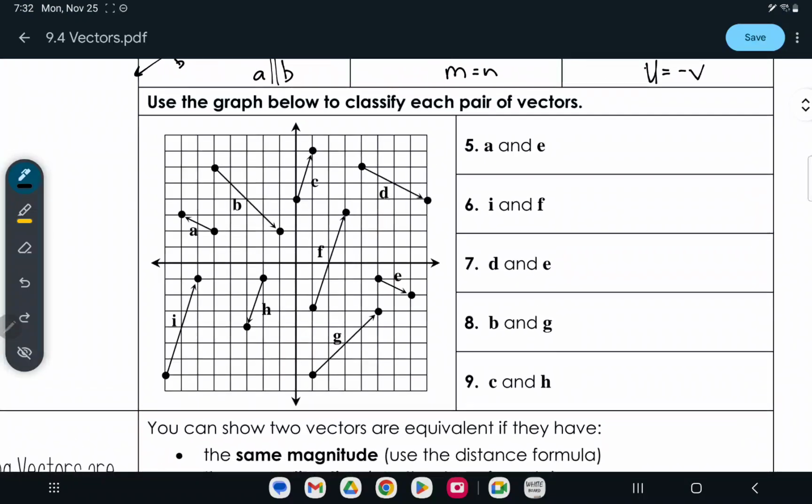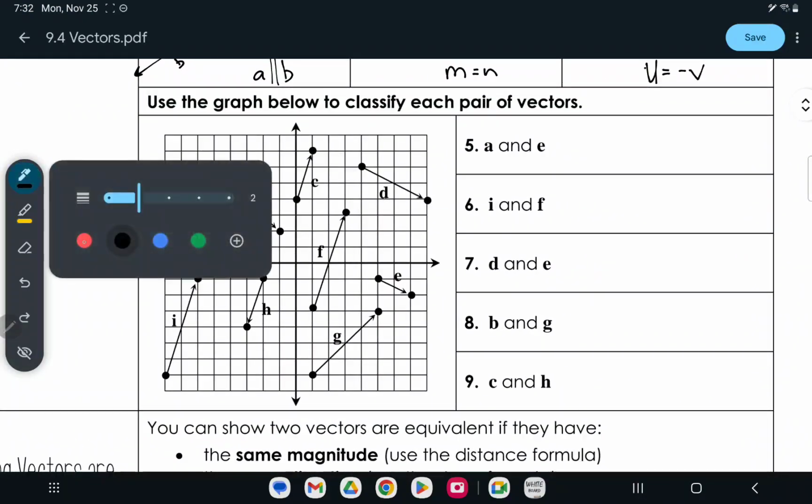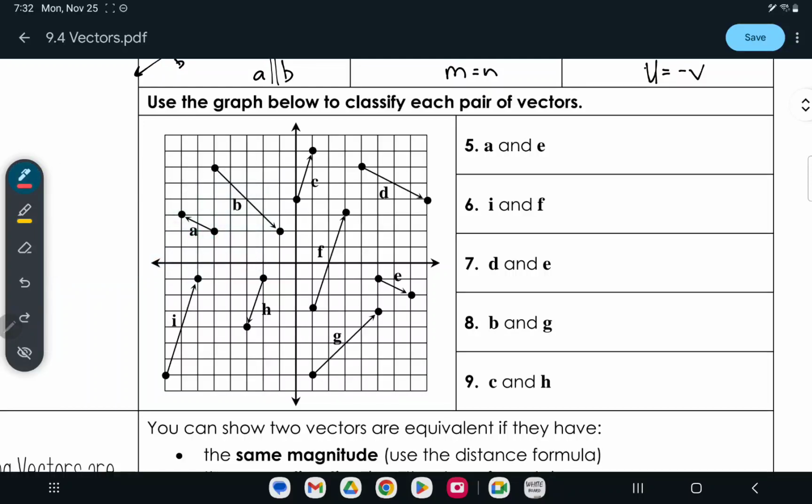All right, so let's kind of look at some examples. We're going to look at A and E first. I'm going to circle them and see what they are. So A and E. They look to be the same magnitude, and they're in opposite directions, so I would consider these to be opposite.